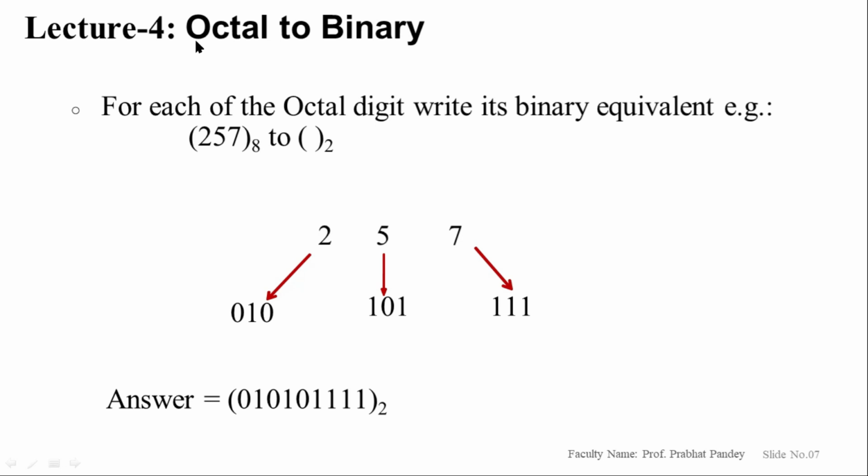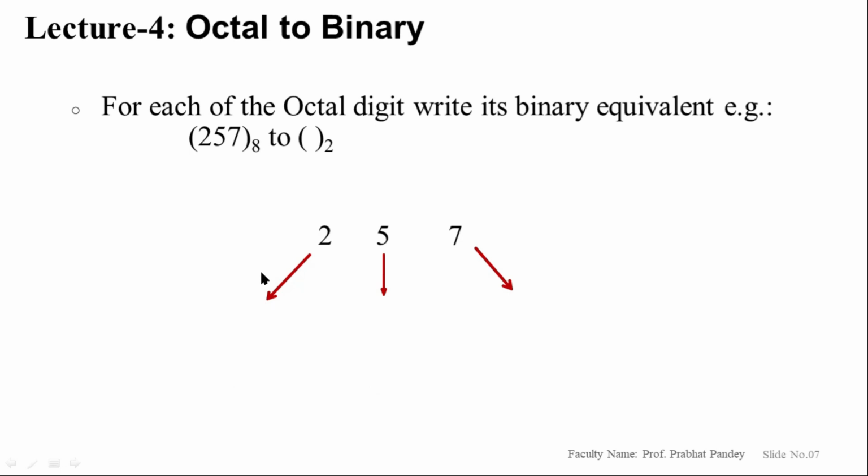So we need to write in 3 bits. Remember this. So the answer will be this one: the binary equivalent of octal 257. Both are similar. We are dealing in 3 bits when we see octal. Okay, this is one method.